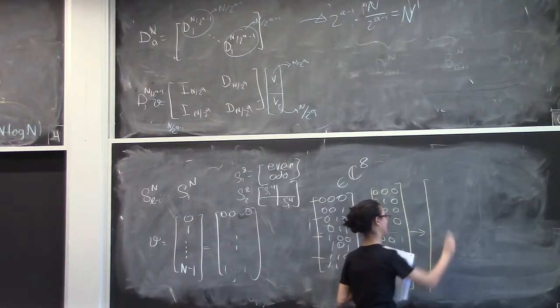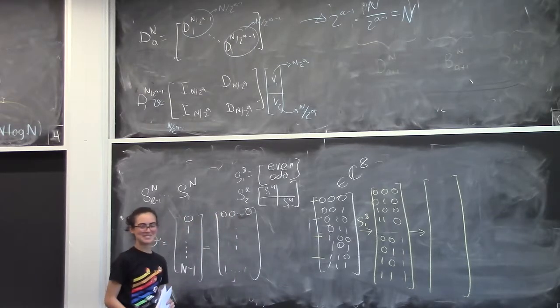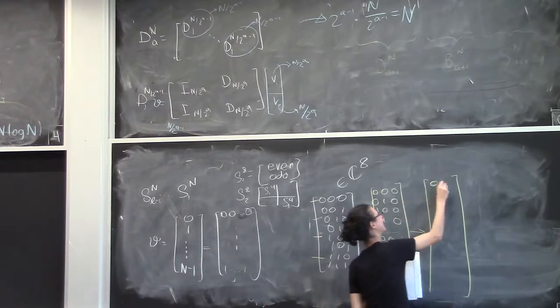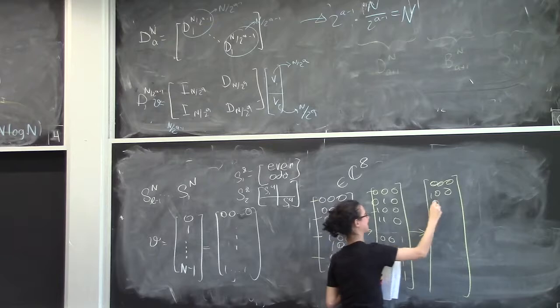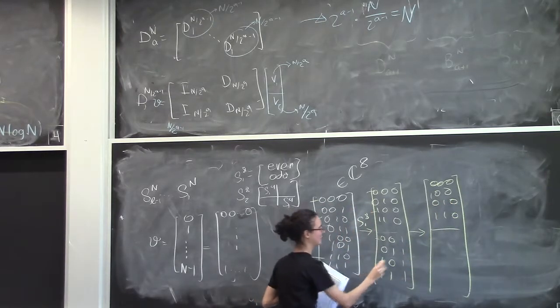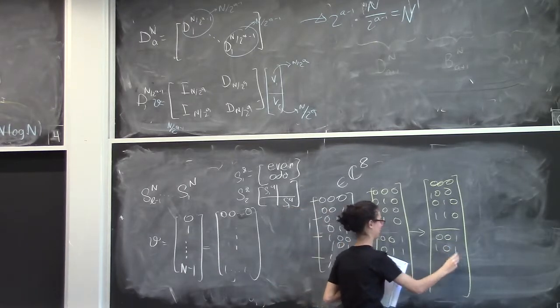can somebody tell me what we get? 0, 0, 0, 1, 0, 0. Yeah, these two first. 0, 1, 0. 1, 1, 0. 0, 0, 1. 1, 0, 1. 0, 1, 1.